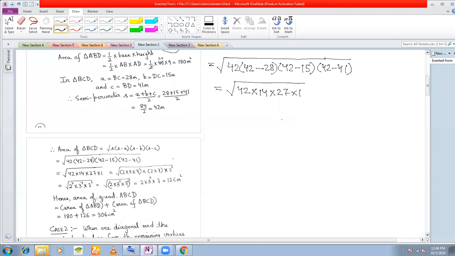Whenever you get this kind of situation in Heron's formula, you prime factorize everything. So 42, if you prime factorize, you get 2 into 3 into 7.